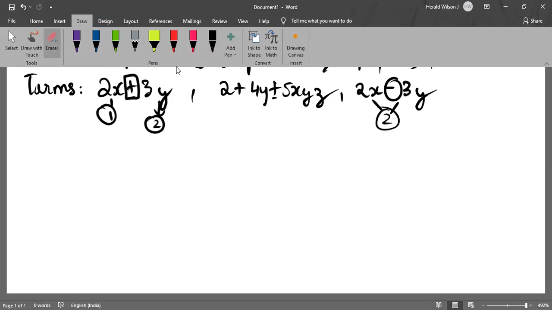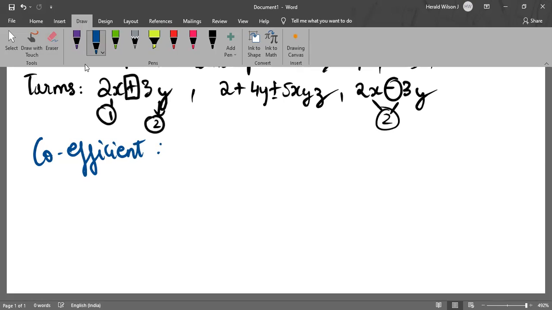What are terms? Now let us next learn what is a coefficient. What is a coefficient? So, a coefficient is a constant or a number which is used to multiply to a variable.